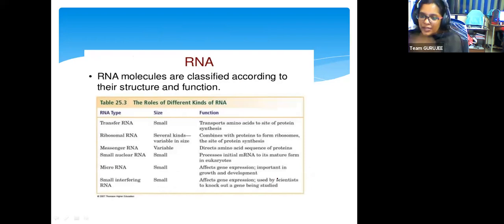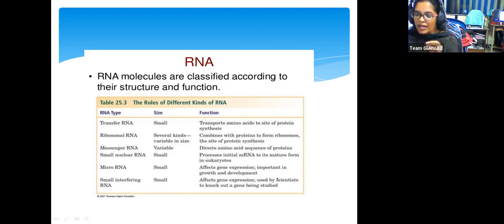Okay, these are the types of RNA, their structure and their function. tRNA will transfer amino acids during protein synthesis. What is synthesis? Formation of protein. So during that process, tRNA will transfer amino acids.